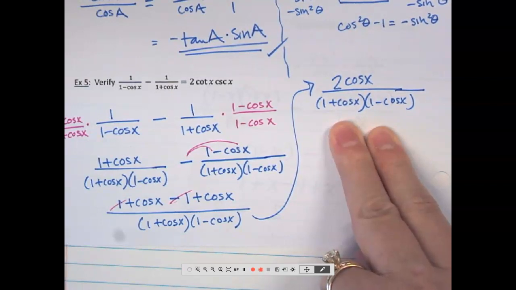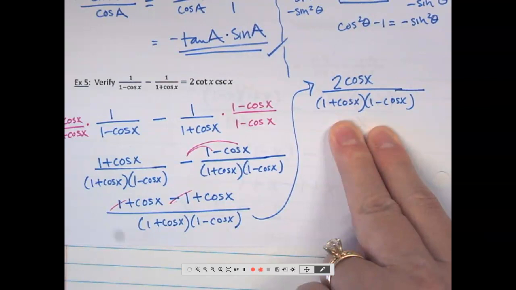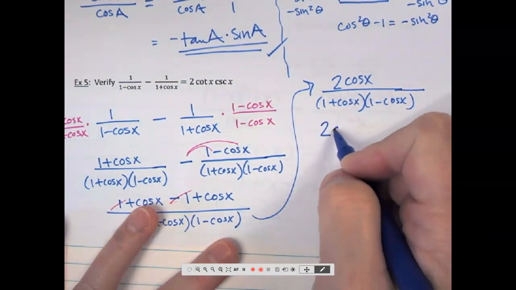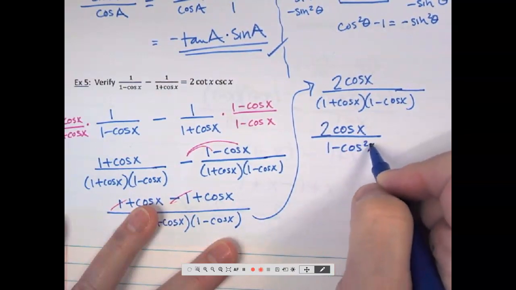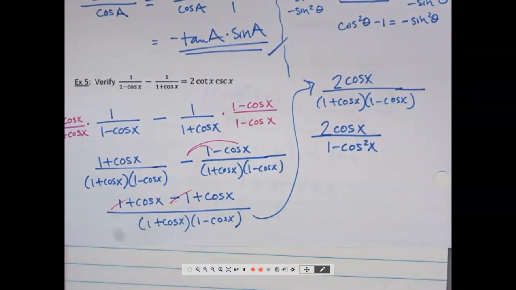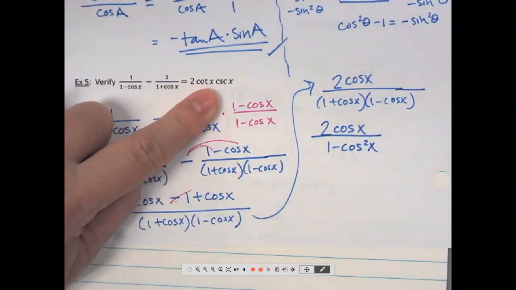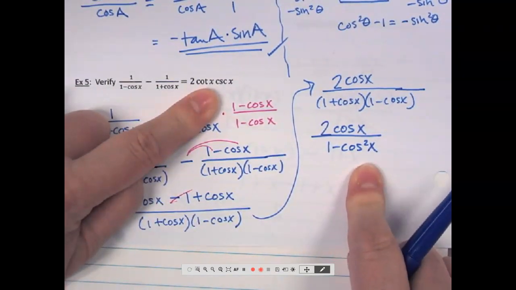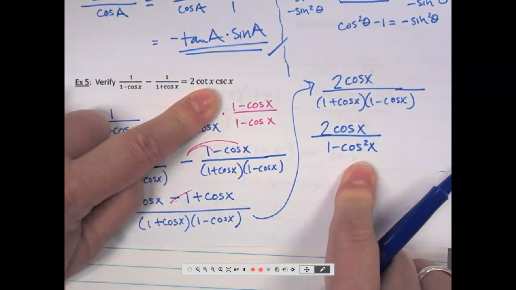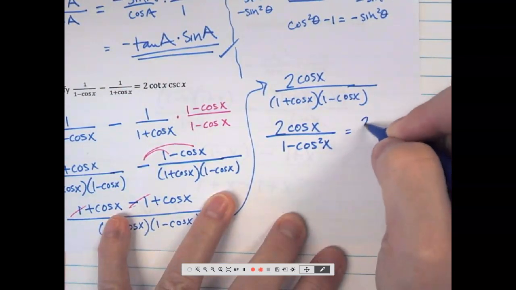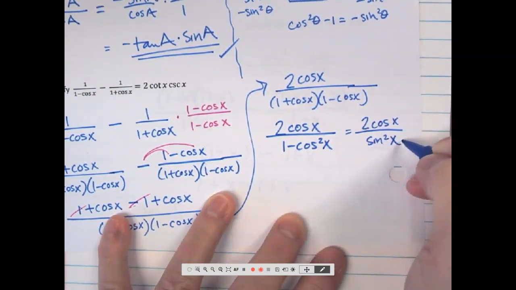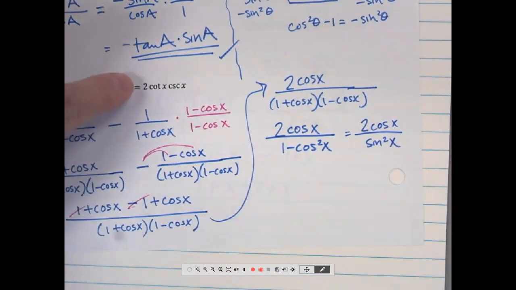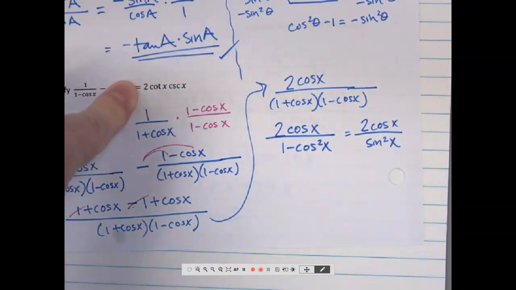Okay, so 1 minus cosine squared? Okay. But look back at what I need. There's no 1 minus something. But what is 1 minus cosine squared the same as? Sine squared. Okay, look back. I need 2 cotangent cosecant.